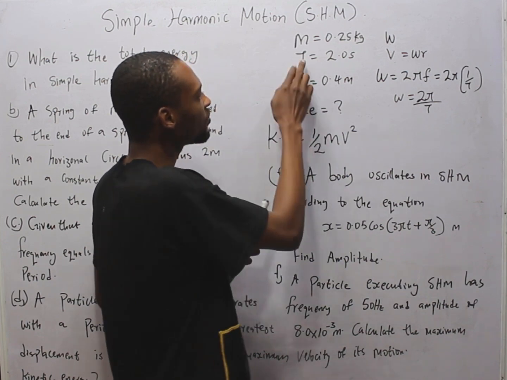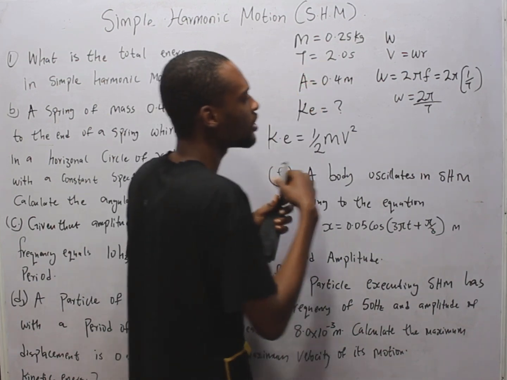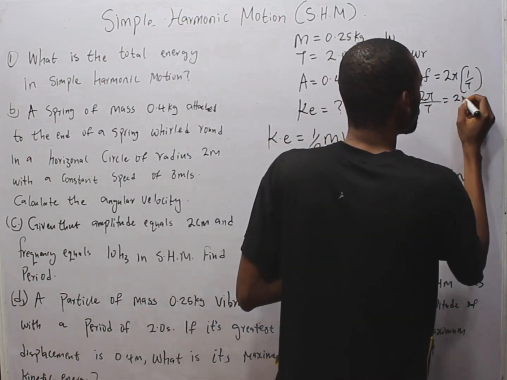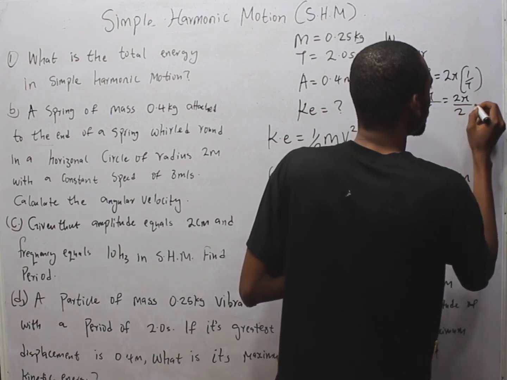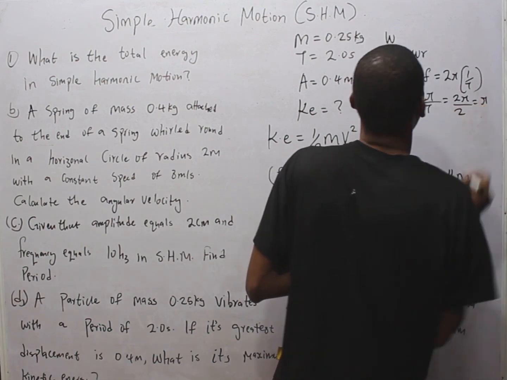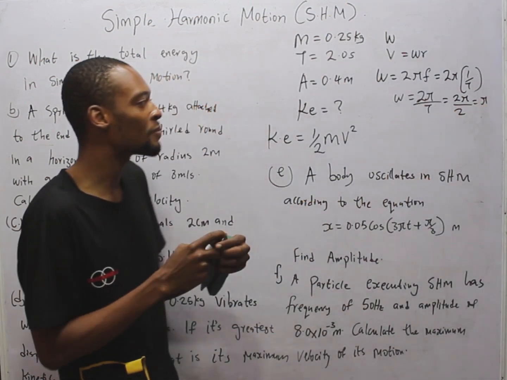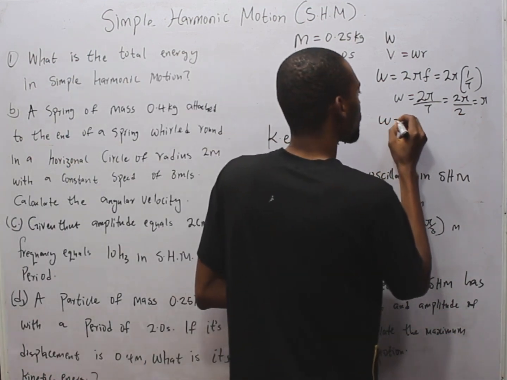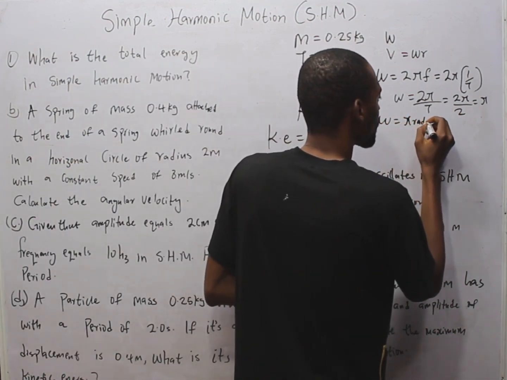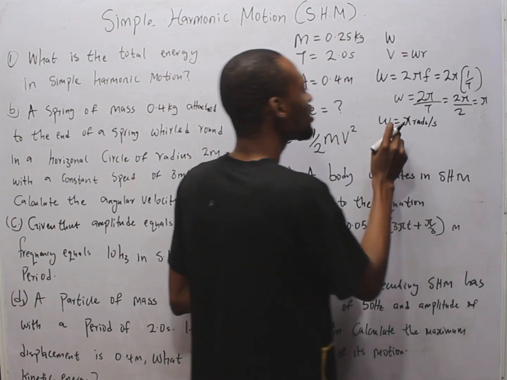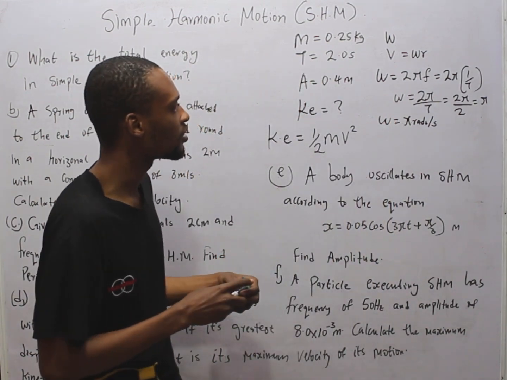In this case, we are given T to be 2. Therefore, W is equal to 2 pi over 2 to give us pi. So pi rad per second is simply the angular velocity.